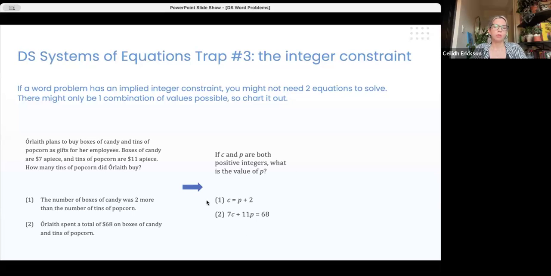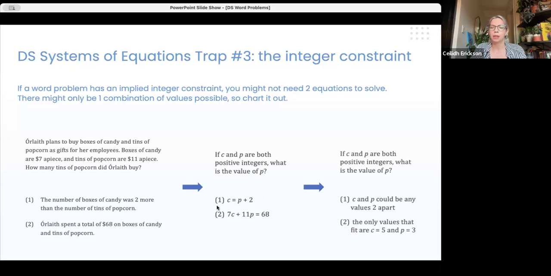When we turned it into algebra, here's what it looked like, but we had that idea that they're both positive integers. We didn't talk about that first statement and whether that would be enough, but it's pretty easy to see that if this is 2 more than this, they really could be any 2 values that are 2 apart. Plenty of possibilities for that. But with this one, there was only one combination that fit.